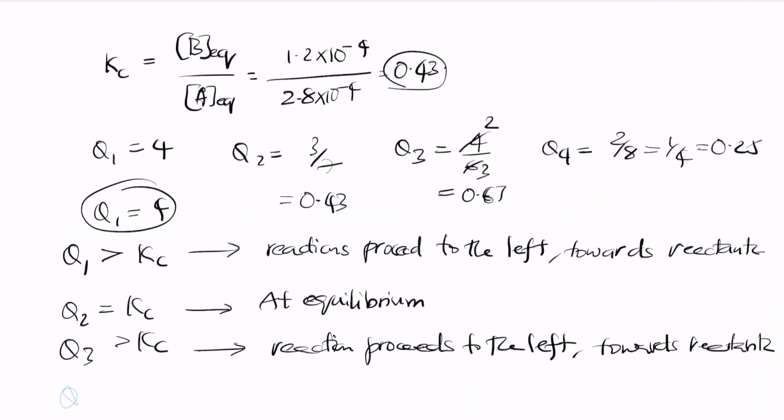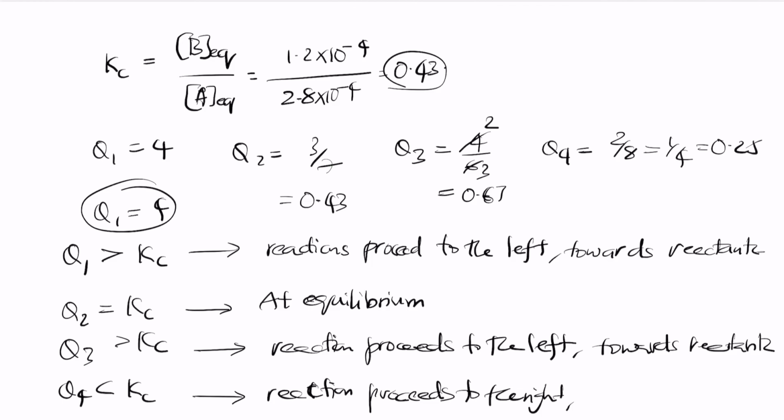Last, we have Q4, which is less than Kc, which means that the reaction proceeds to the right. Whenever you see the term left, it's reactants. When towards the right, it is towards products.